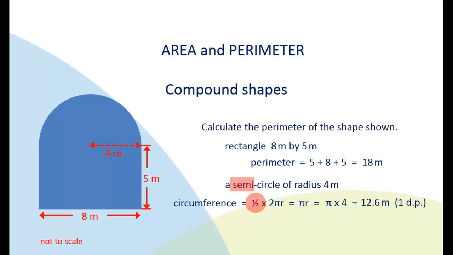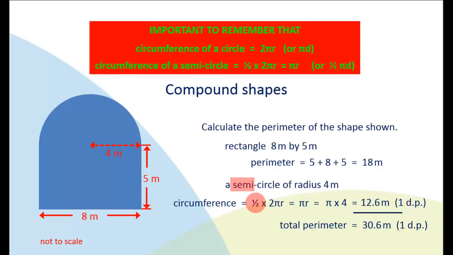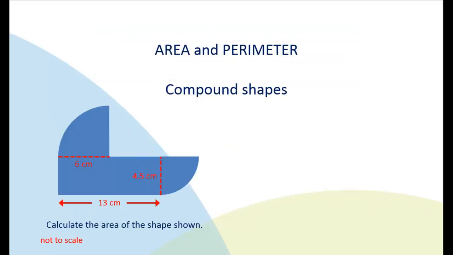So the total distance around the outside of that shape, we add them up, 30.6, and that's the perimeter of that shape. Important to remember, the circumference of a circle is 2 pi r, or pi d. The circumference of a semicircle is then half times 2 pi r, which is pi r, or a half times pi d.